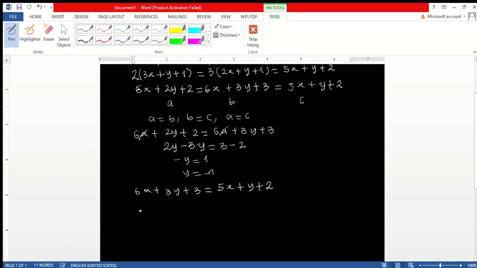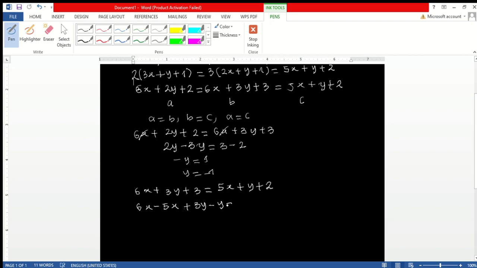Okay, now we also collect like terms here. 6x, here we have a plus 5x, as it's moving to the left hand side becomes negative 5x. So here we have a plus 3y. This y here on the right hand side, as it's moving to the left hand side, becomes minus y.